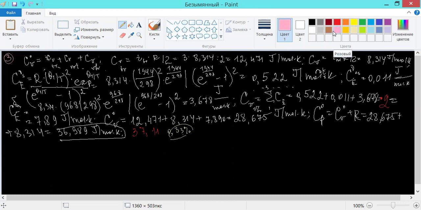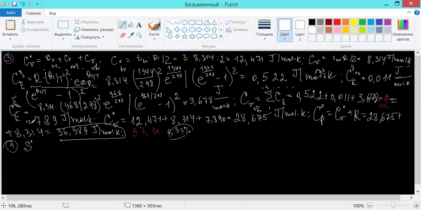Okay, we've just finished the calculations related to the isobaric heat capacity, and now we're proceeding to the fourth item, where we are supposed to calculate the entropy. The scheme of the calculation is nearly the same.